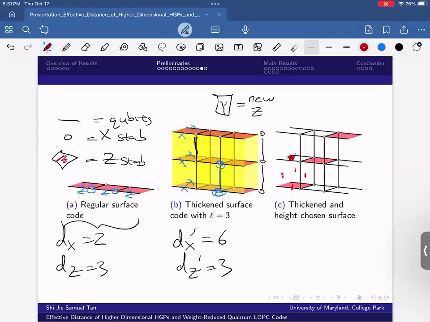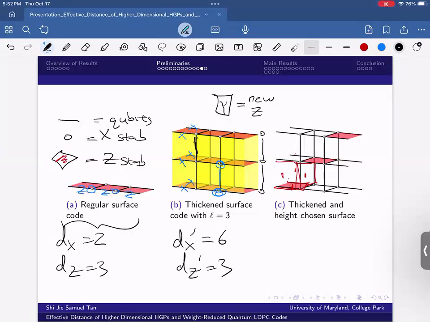Does that make sense? Basically, if you apply Z's on these qubits, and then the one at the back, these qubits, and then the one at the bottom here too, you end up with this layer at the top here that we removed. So it means that you only have to keep one for each floor.